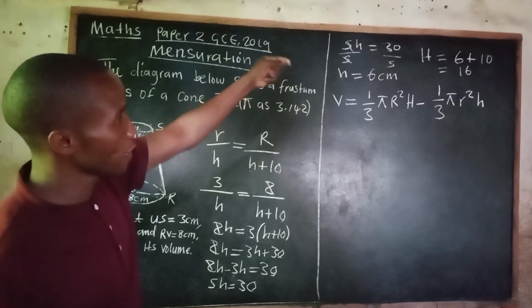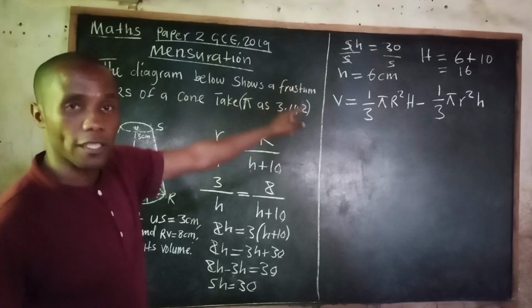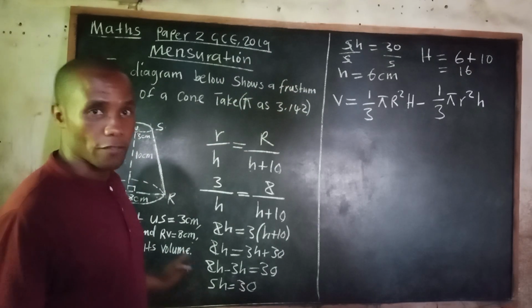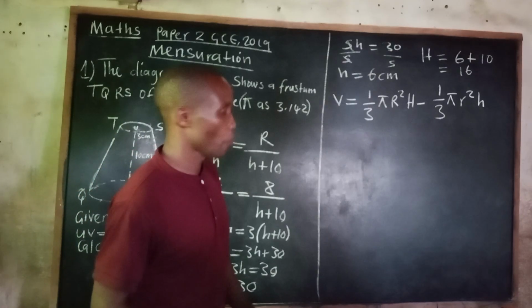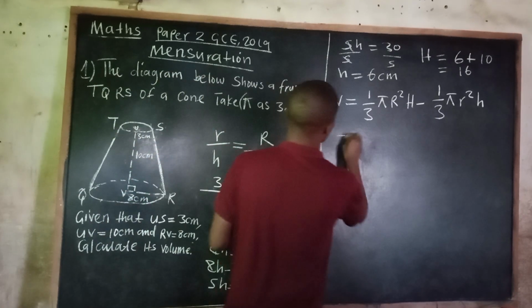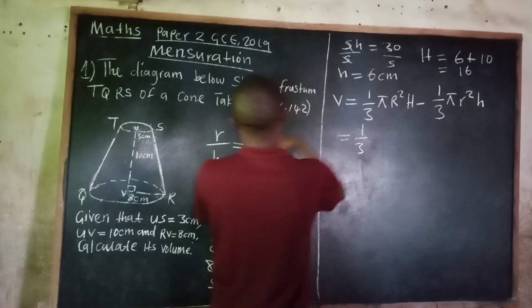So where there is big H, we are going to substitute 16. Small h is 6. From there, we are done, so we can proceed with the formula we have just introduced. So it equals 1/3 times pi.